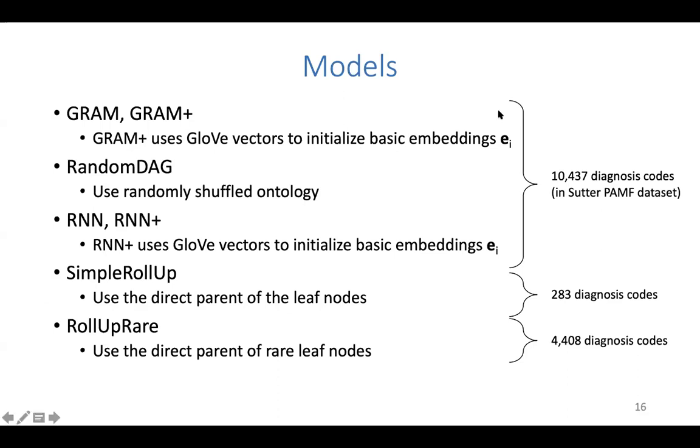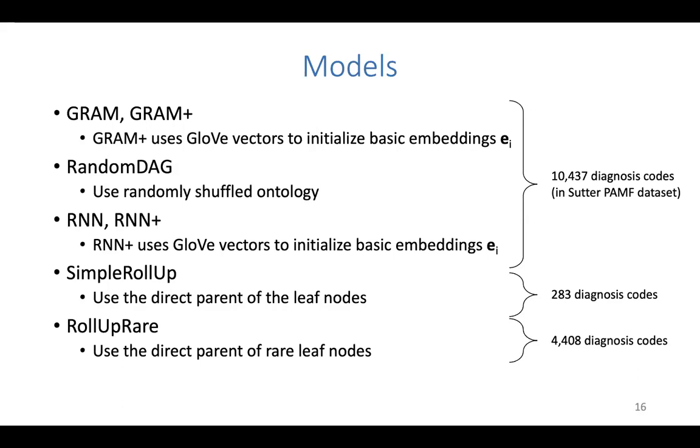That's it. So Gram Plus, Random DAG, and RNN Plus are using 10,000 diagnosis codes only. We're only using diagnosis codes in this experiment because for procedures and medications, for some codes it is hard to obtain the domain DAG-structured knowledge, but for diagnosis codes there's always at least one diagnosis code hierarchy.